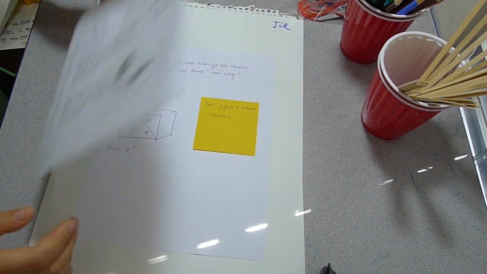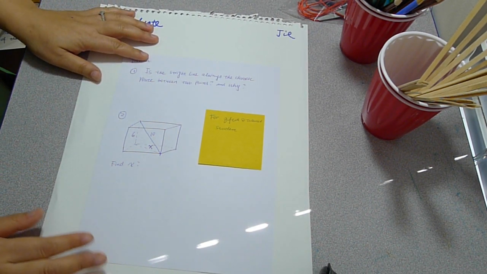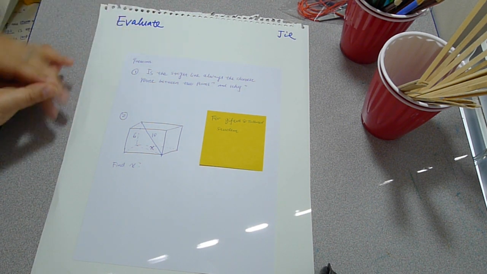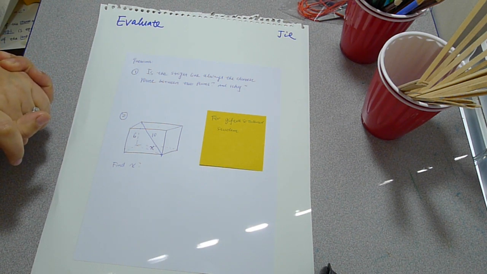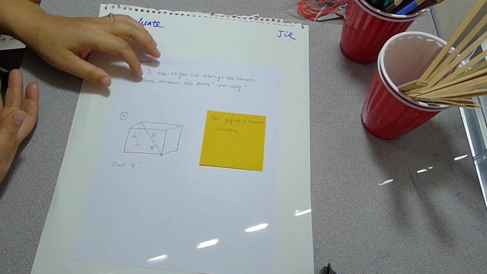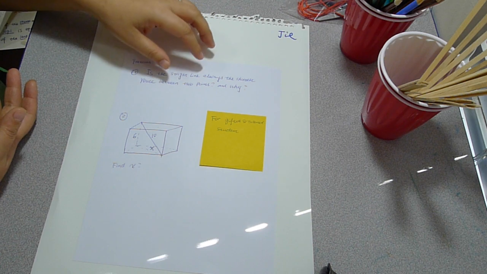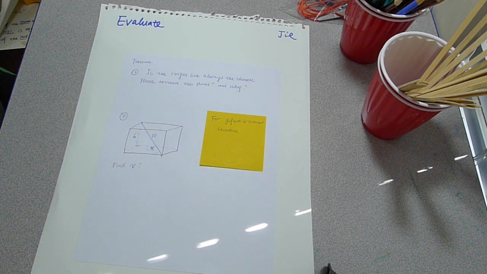If they're interested, I'm going to hand them an additional question to work on, such as whether a straight line is always the shortest route between 2 points and why. This question helps students understand that this only applies to a flat surface. When it's a globe, it's not always the case, right?